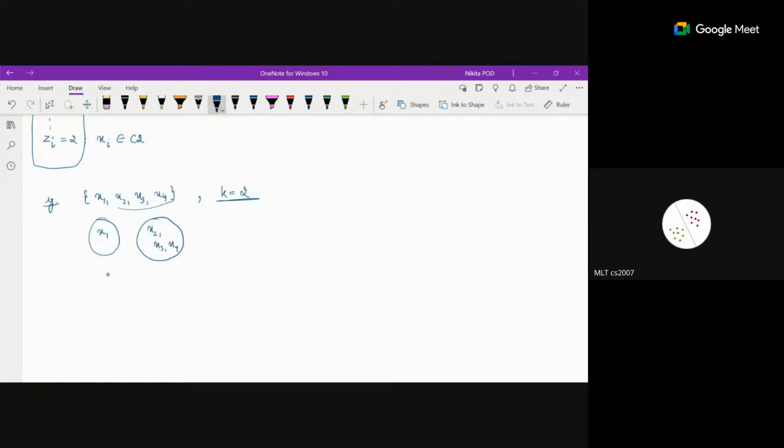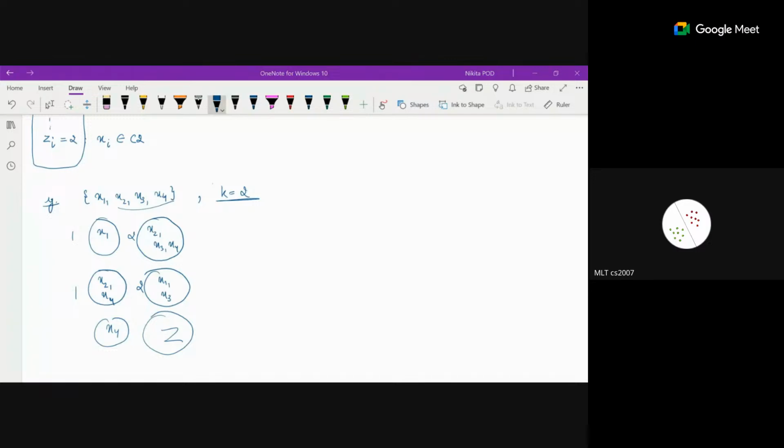Or x2 and x4 are in cluster 1 and x1 and x3 are in cluster 2, right? This can happen. And you can have another case where x3 is in the first cluster, or x4 is in the first cluster, and the remaining are in the second cluster. So all these possibilities are there with us.